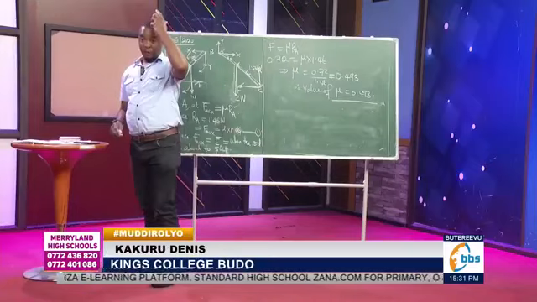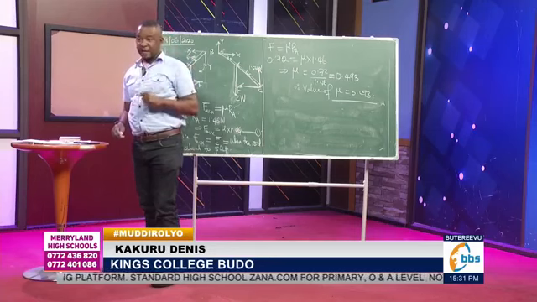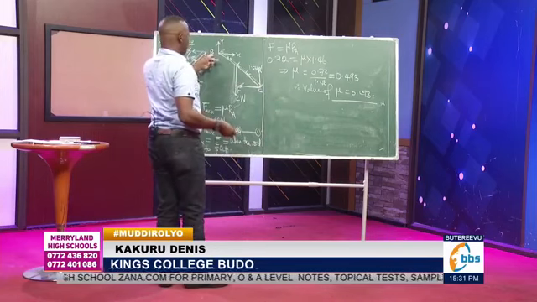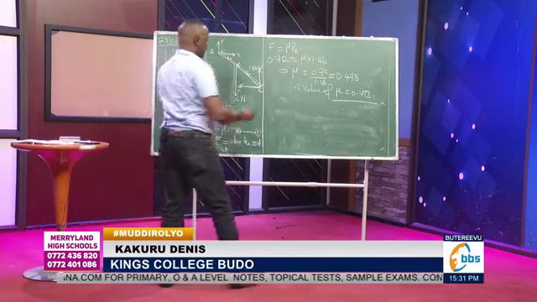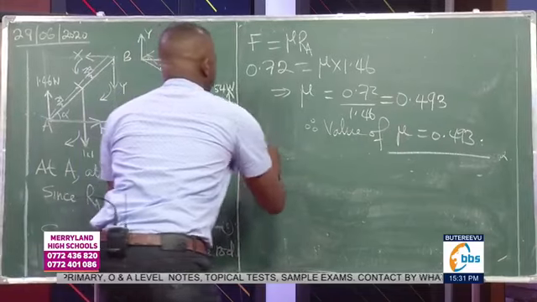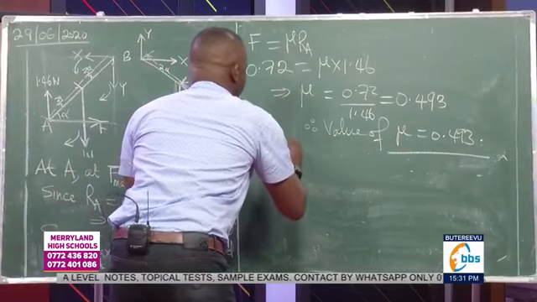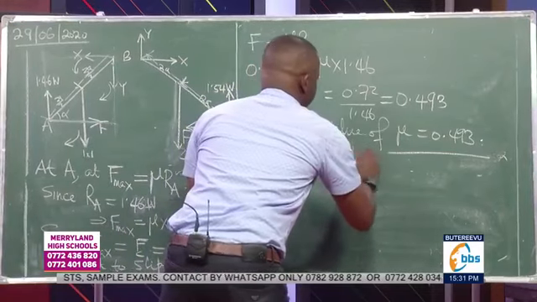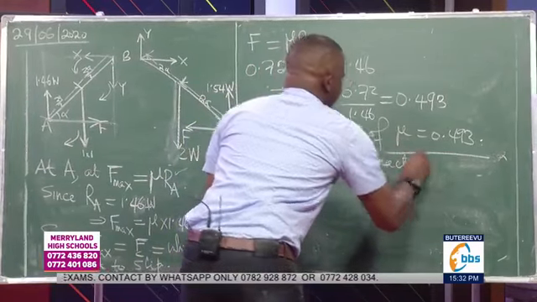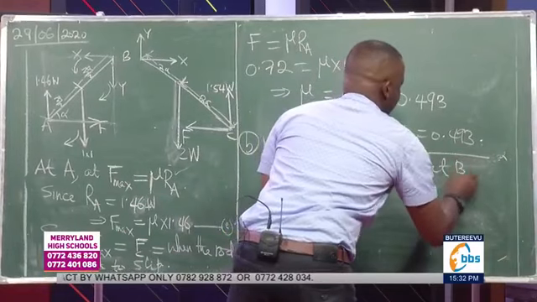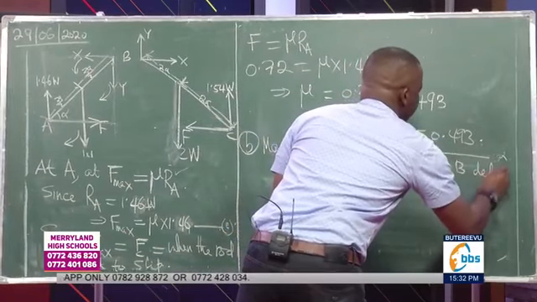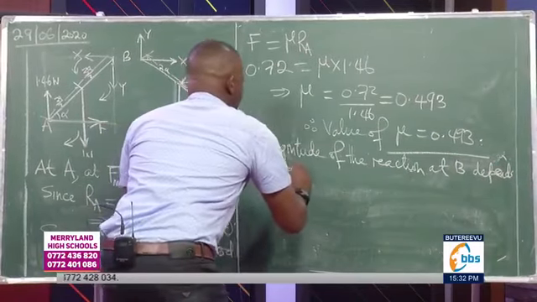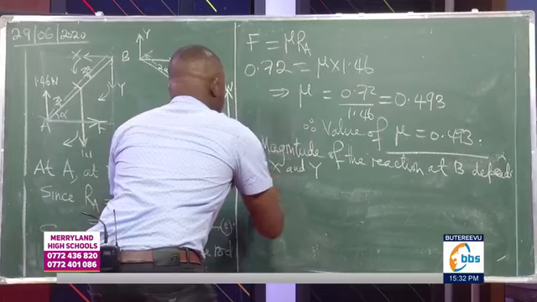Now we can go ahead to look for the magnitude of the reaction at the junction B. We already know that the magnitude of the reaction at B depends on X and Y. So we pick these values.